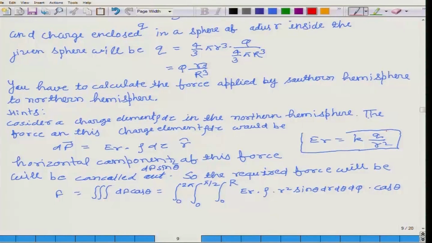So, your total force will be just the electric field into the volume element, which is rho r square sin theta dr d theta d phi, then you are adding only the vertical component, that is dF cos theta. You just do this integral to find out the answer.